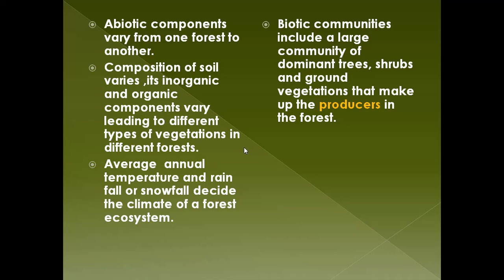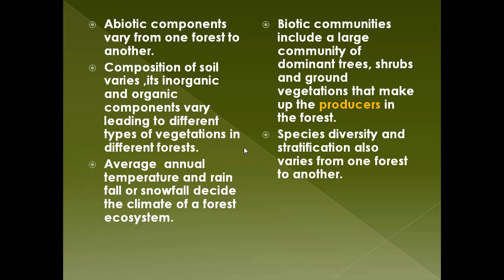Then the biotic communities of the forest ecosystem are the dominant trees, which are the dominant community, then shrubs and ground vegetation that make up the producers in the forest. So trees, shrubs and the ground vegetation are the producers in the forest, and species diversity and stratification also vary from one forest to another.